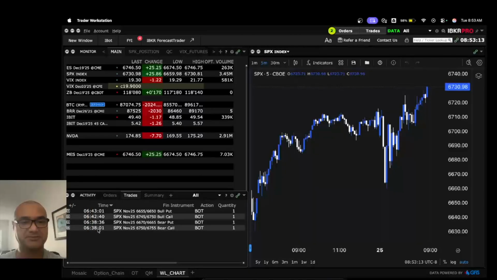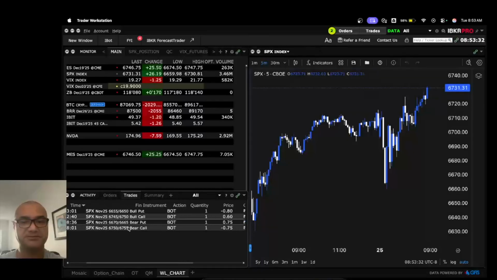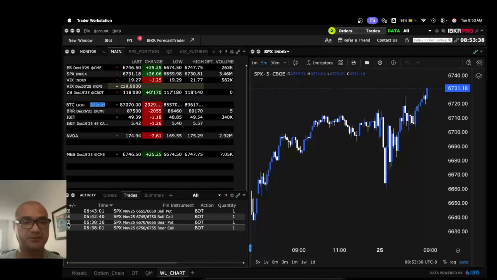Subsequent to that, so we can see this was basically 35 seconds later, I bought a put vertical down in the 66 handle, the 70.65. So roughly 80 handles away, and this setup was done for zero. So it didn't cost me anything other than commissions. I did not receive a credit.